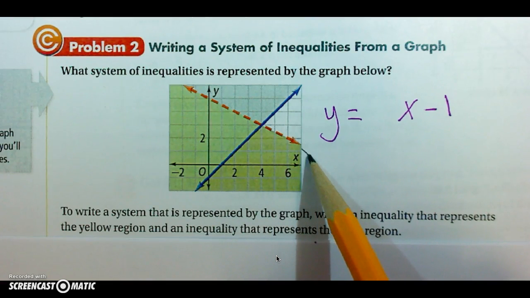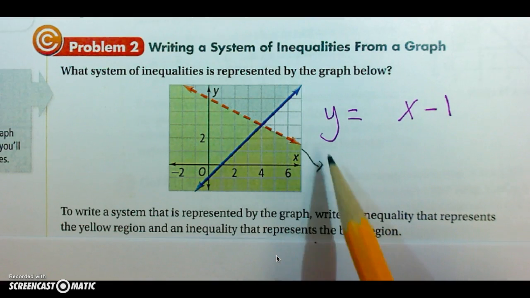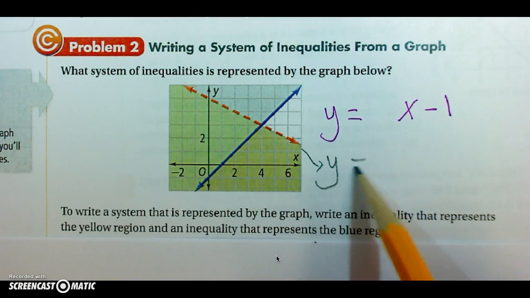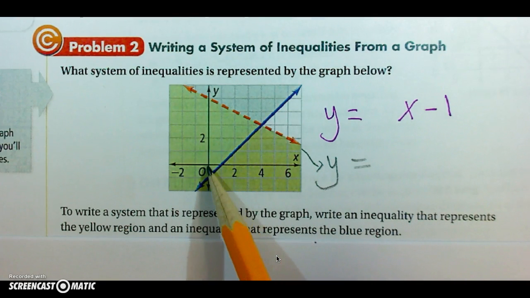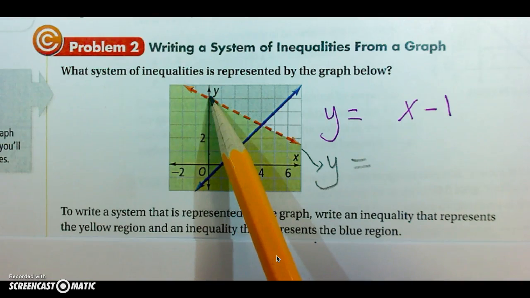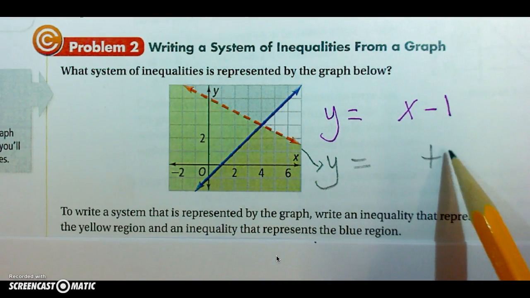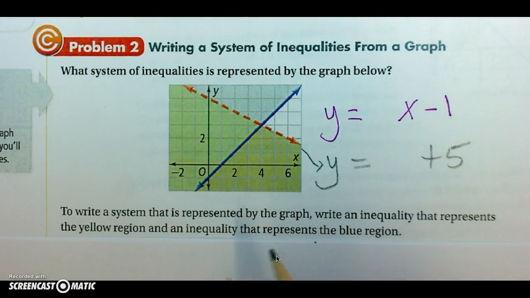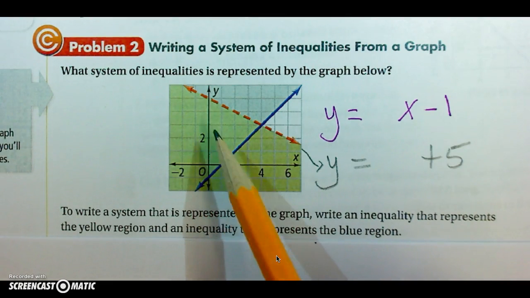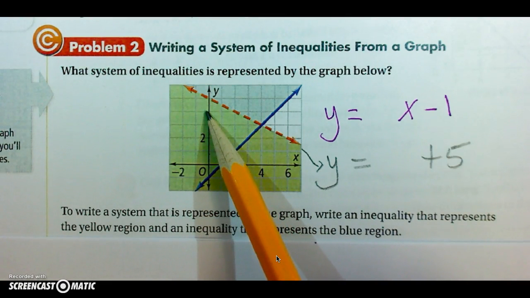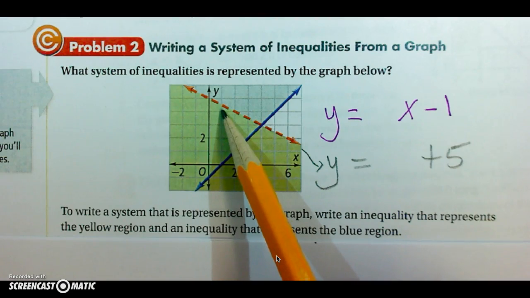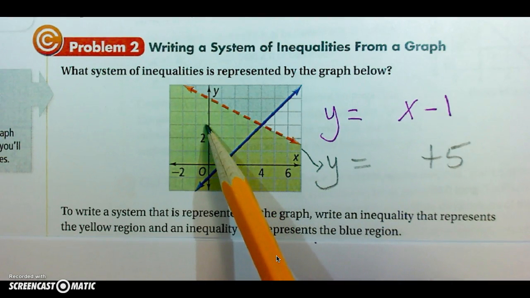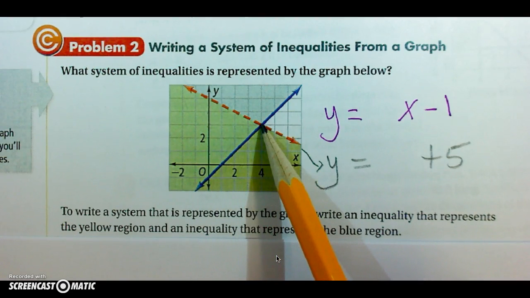Okay, so for my red line, I need to find where my y-intercept is. So 1, 2, 3, 4, 5. We're crossing at the positive 5. Now I need to check my slope, and I can see I went down 1 and I'm not on the line, so I'm going to go down 2 and I am on the line.